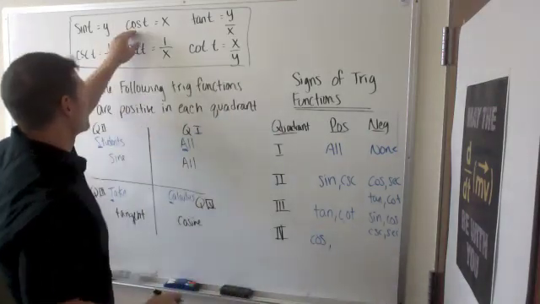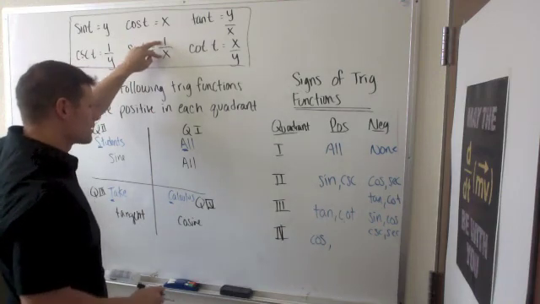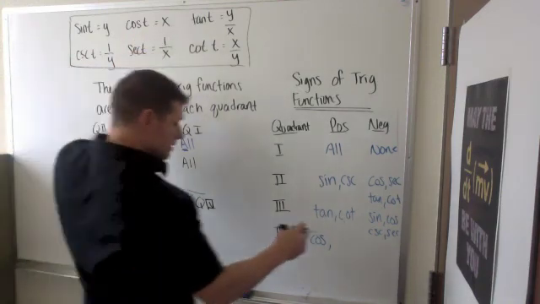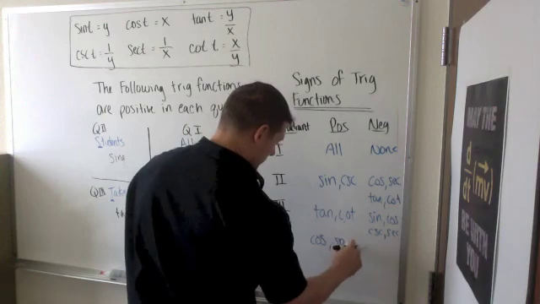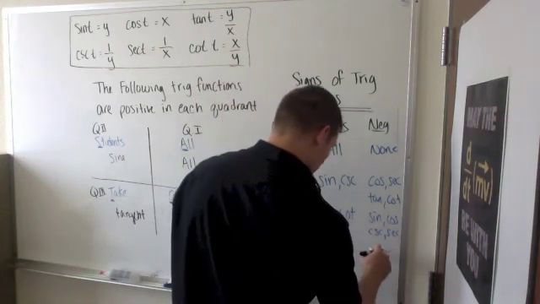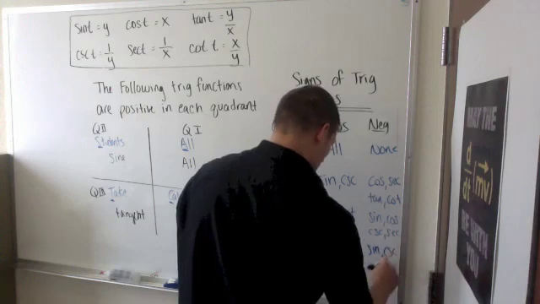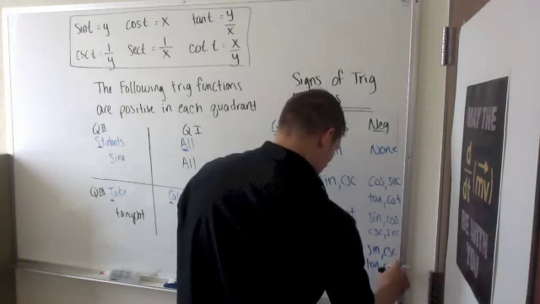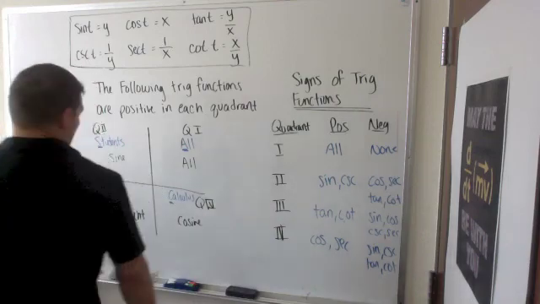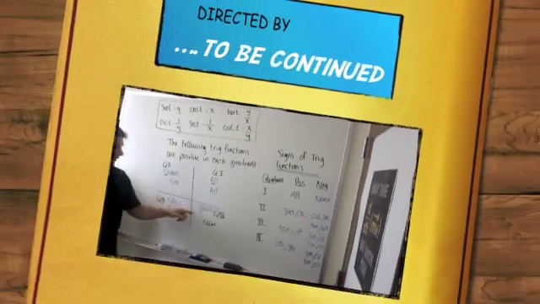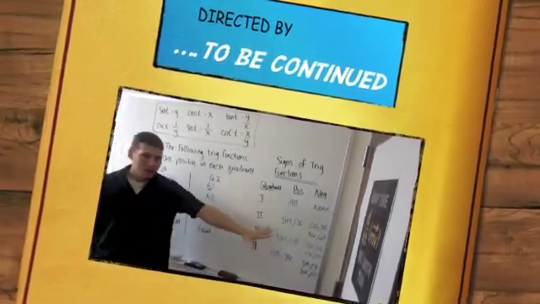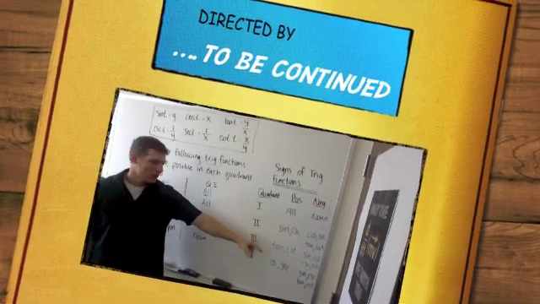Well, cosine is x, so therefore 1 over x is positive, because 1 over positive is positive, so secant is positive, and the rest would be negative: sine, cosecant, tangent, and cotangent. So this little acronym, all students take calculus, allows us to get the signs of all 6 trigonometric functions in any quadrant.